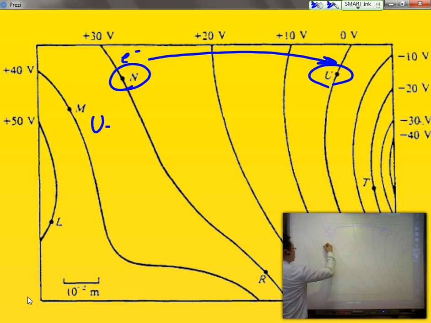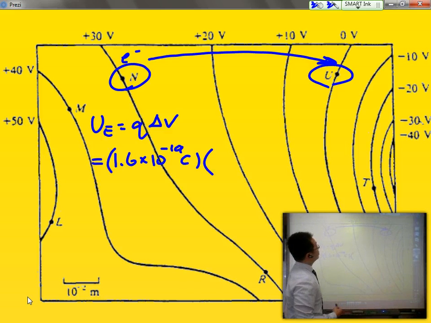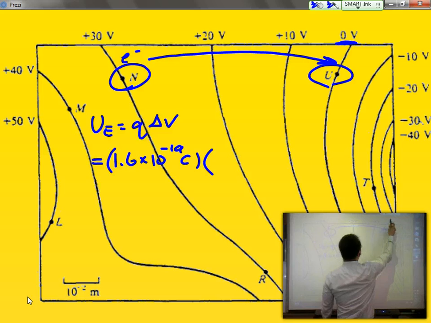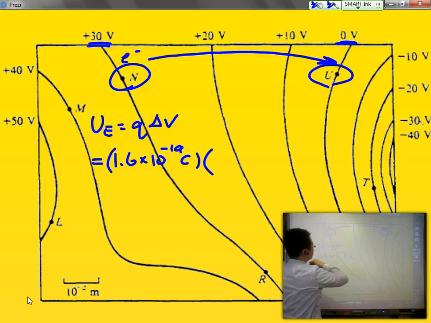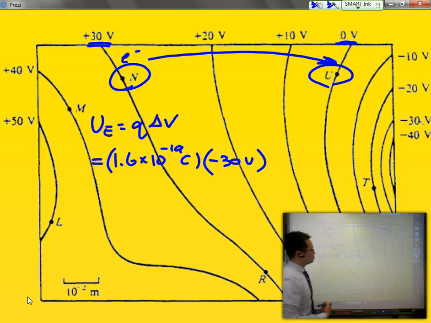Well, UE is equal to Q delta V. The charge of an electron is 1.6 times 10 to the negative 19 coulombs, times, in this case, delta V would be final minus the initial, so it would be negative 30 volts.